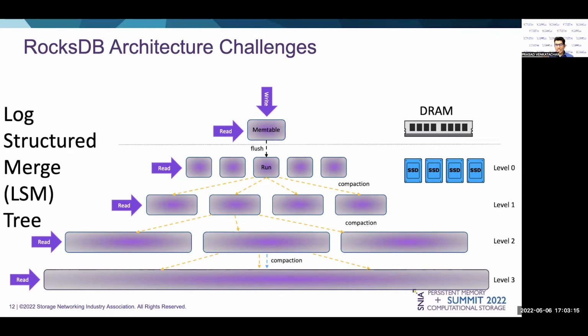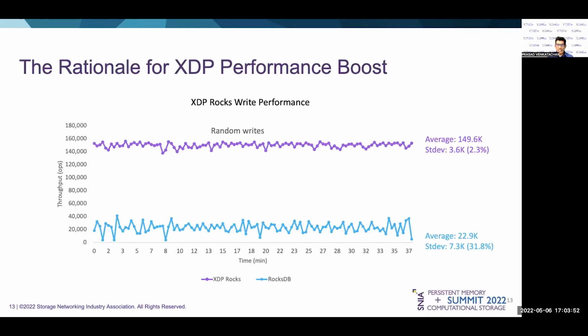So these SSD tables, which are sorted key value storage tables, are immutable, and so to process any deletion of keys, the compaction process has to kick in. So this has huge implications on the write performance. That is where RocksDB suffers performance challenges. And this is precisely what the Pliops XDP addresses.